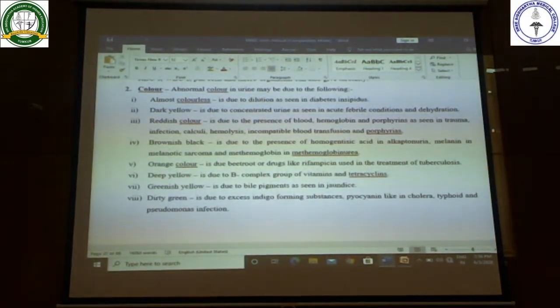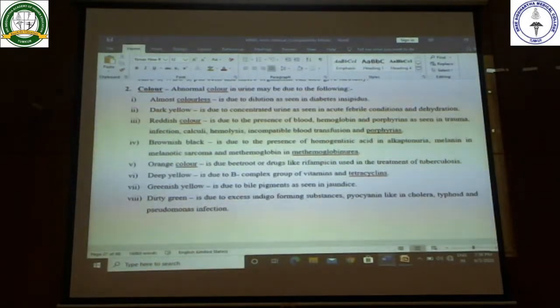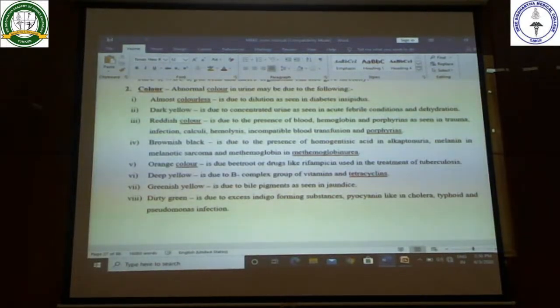Then the next color is dark yellow. Dark yellow is due to concentrated urine, from febrile conditions and dehydration. Usually in fever there is dark yellow urine because the patient is sick, not eating, not drinking enough water, so the urine passed out is concentrated and dark yellow.